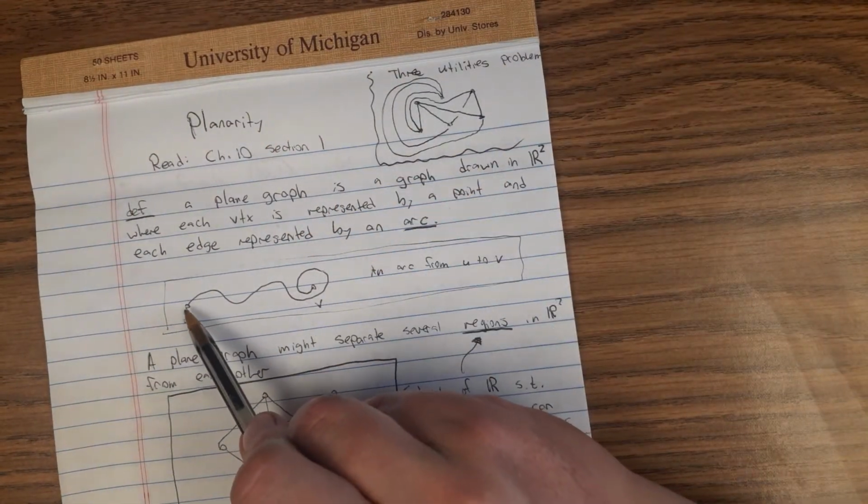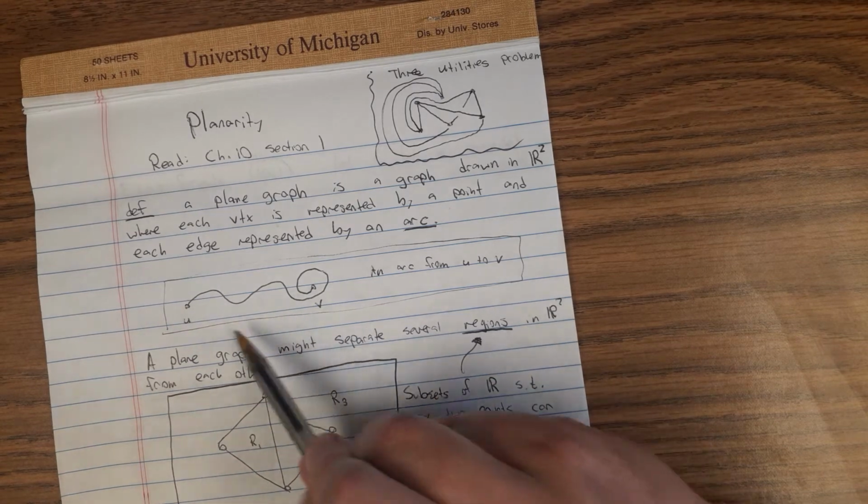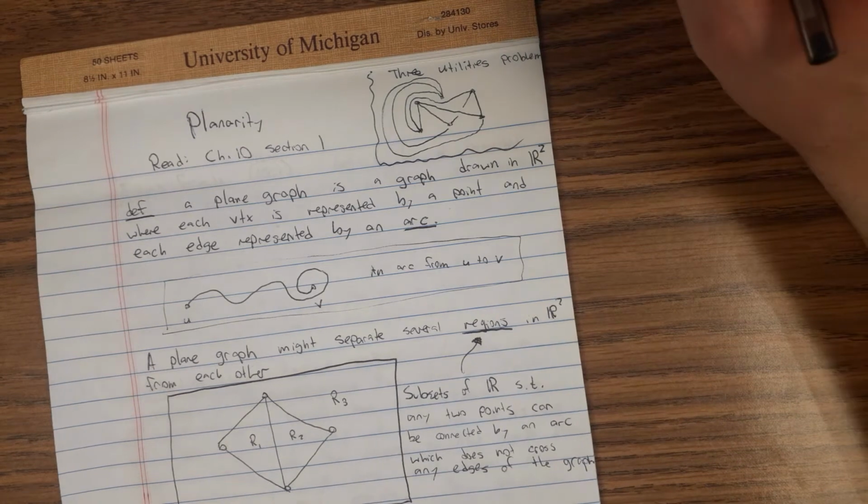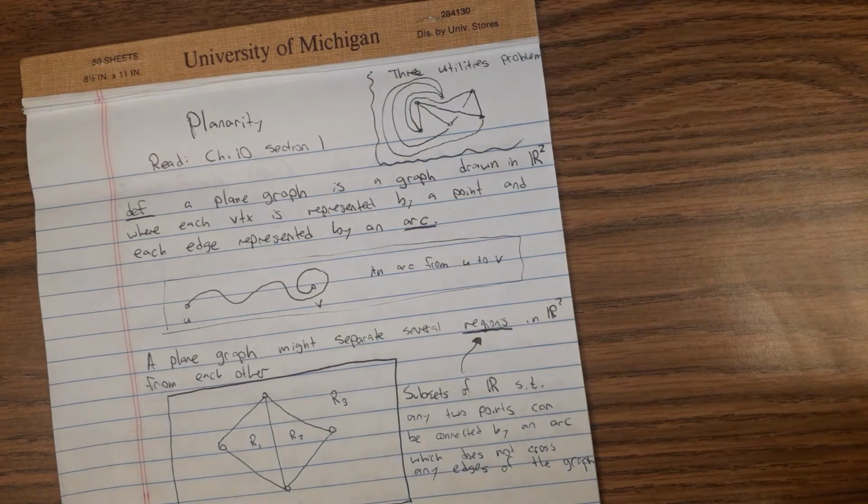So here's an arc that goes from the point U to the point V. It can even spiral around V a little bit, like that. And we're going to call those arcs.